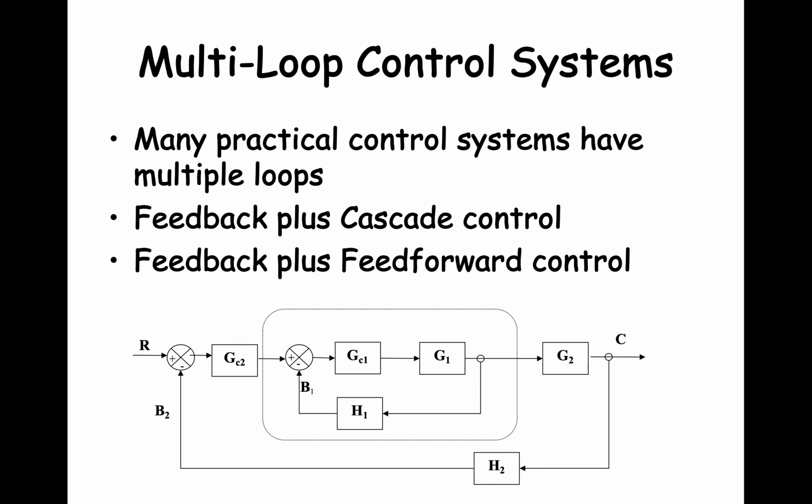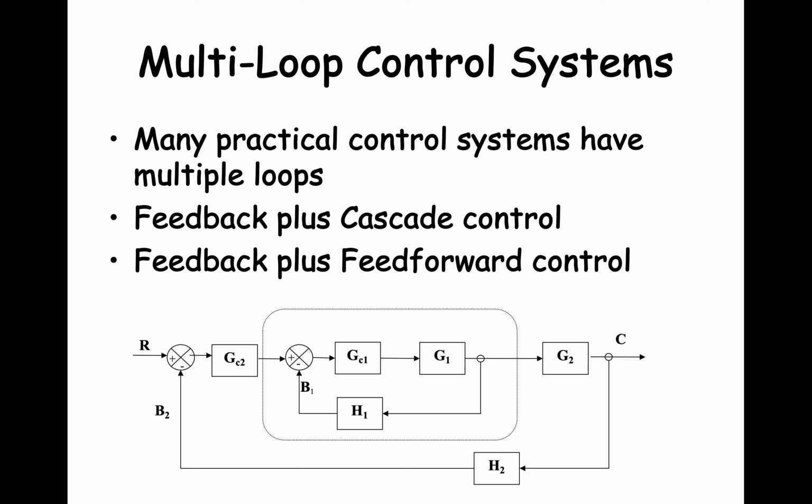Single loop process control is fine, but many practical control systems have multiple loops. Two control systems with multiple loops describe feedback plus cascade control and feedback plus feed-forward control. The sketch shows a two-loop system, which is an example of cascade control. There is an inner loop that contains GC1, G1, and H1.